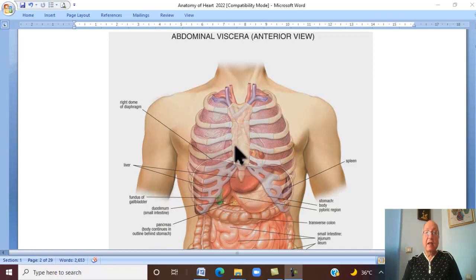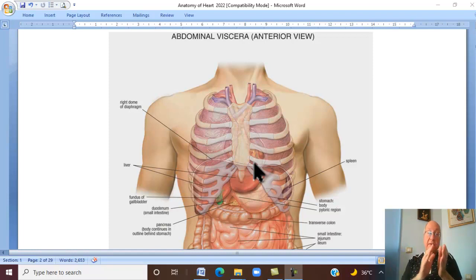The heart lies behind the body of the sternum and is related from second to sixth costal cartilage.